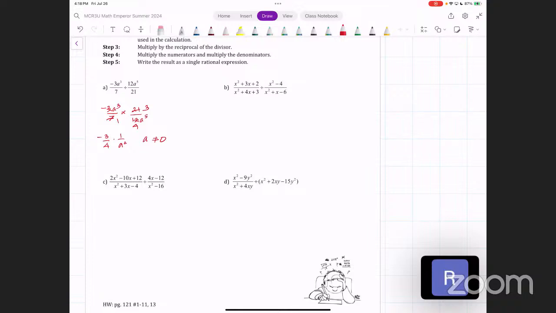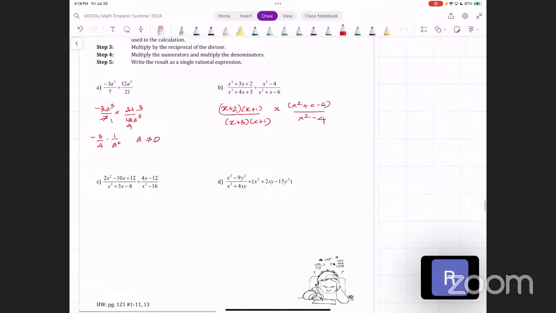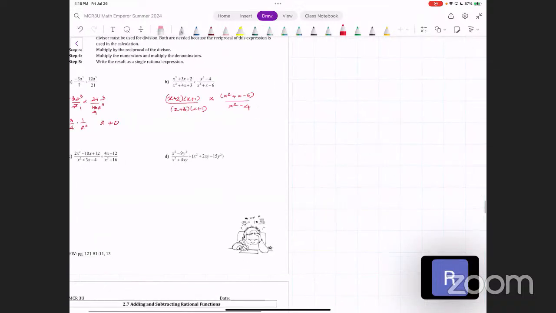Well, we can factor it first. So it's going to be x plus 2 times x plus 1. And this is going to be x plus 3 times x plus 1. Times x squared plus x minus 6 over x squared minus 4. You see that what I'm doing is I factored the first part, and I'm still keeping the division part by switching it.